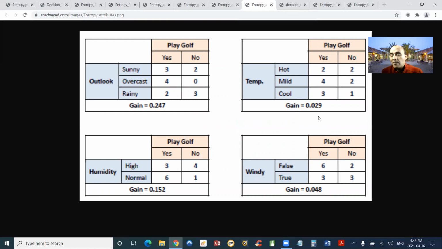If you take a look at this screen, you can see that I have actually calculated the gain, information gain. How did I do that? For a single play golf attribute, I've got 0.94 something. Then when I combine it with one of these attributes, I'm going to find the basically entropy, and then I'm going to subtract these two entropies.